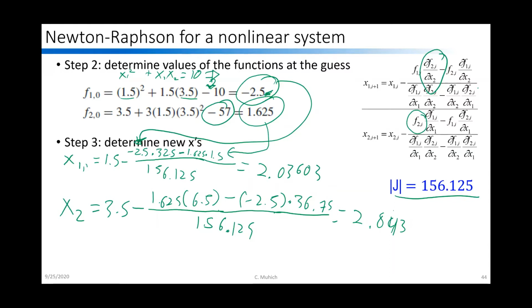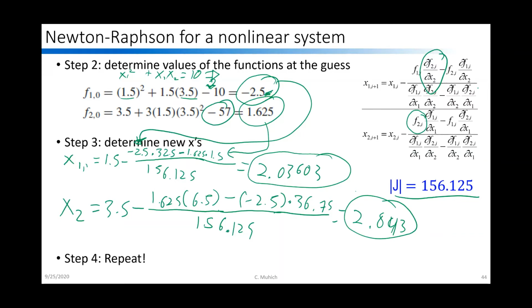Now that I have my new guesses for x1 and x2, I'm ready to repeat. What do I mean by repeat? Well, I need to go back and calculate my partial derivative values with these new x's.